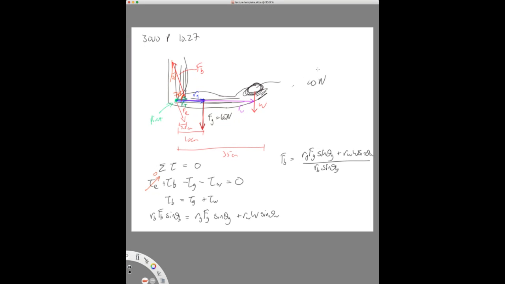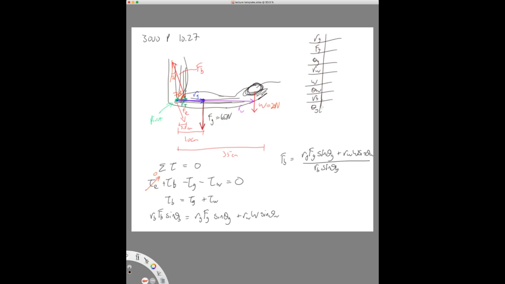So I'm going to clear things out on the top here a little bit, just to make my table. And our table should have 8 entries: 1, 2, 3, 4, 5, 6, 7, 8. So we have RG, FG, theta G, RW, W, theta W, RB, and theta B. We just want to fill in all of these things.